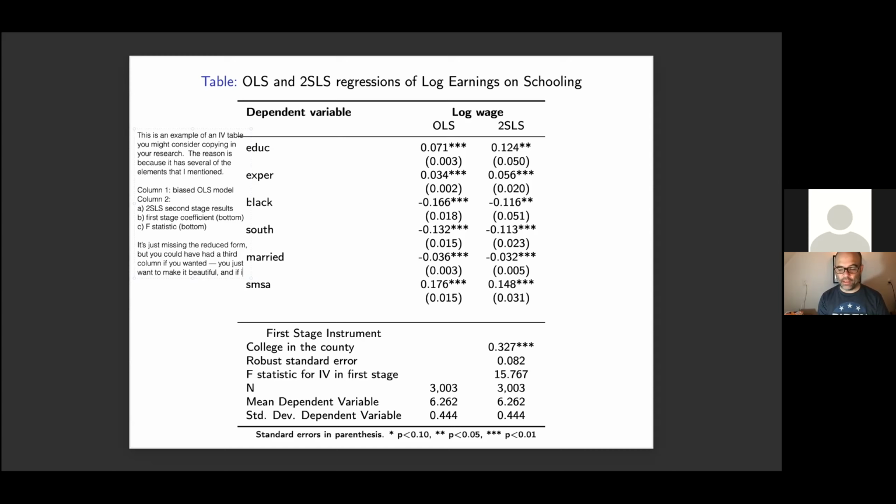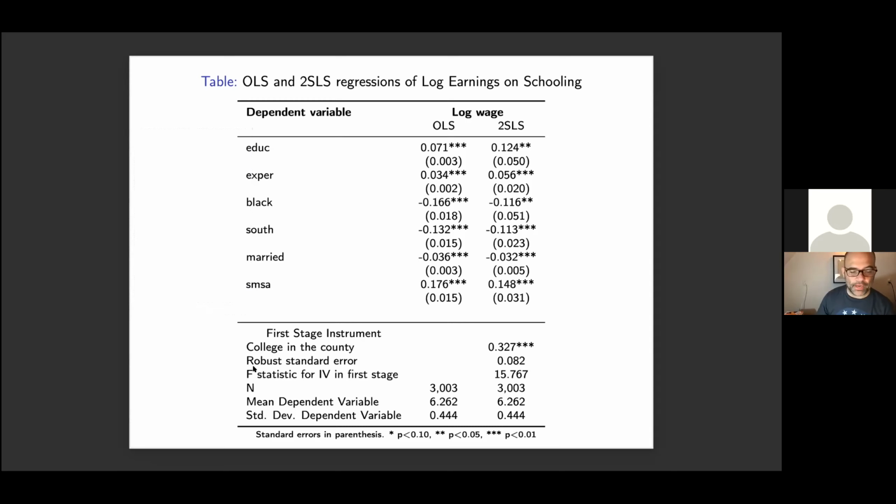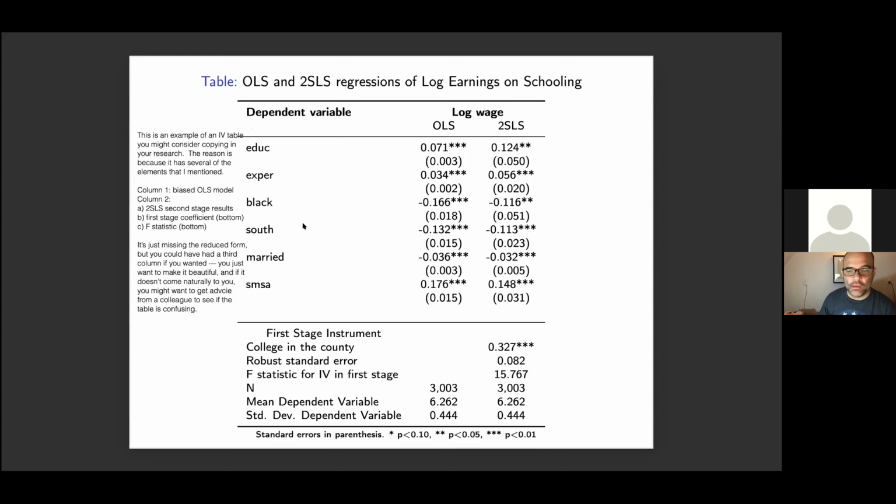And if it doesn't come naturally to you, you might want to get advice from a colleague to see if the table is confusing. Okay, but here I see some of that. So I see right here, I've got my OLS model, right?